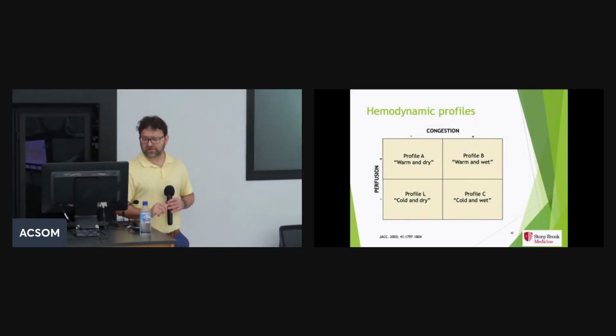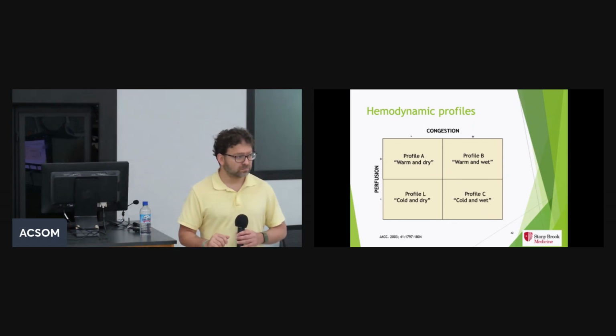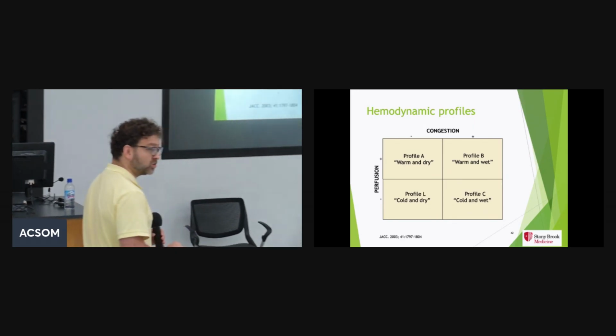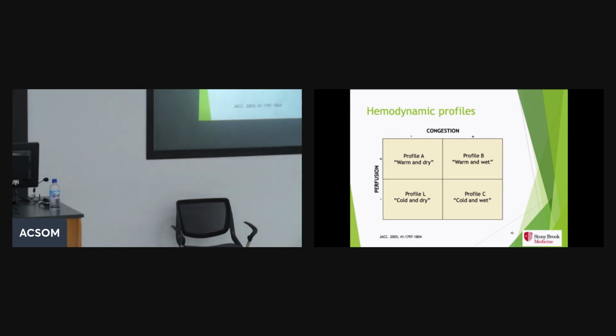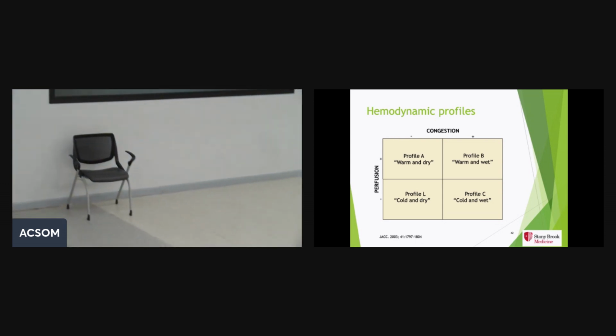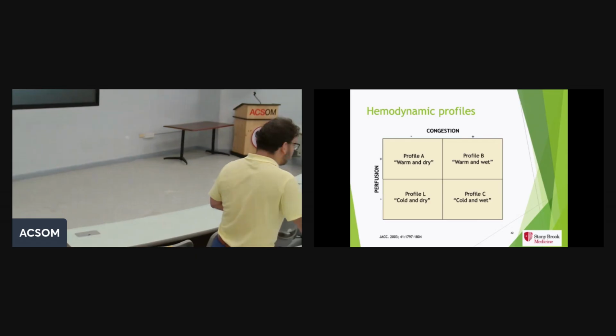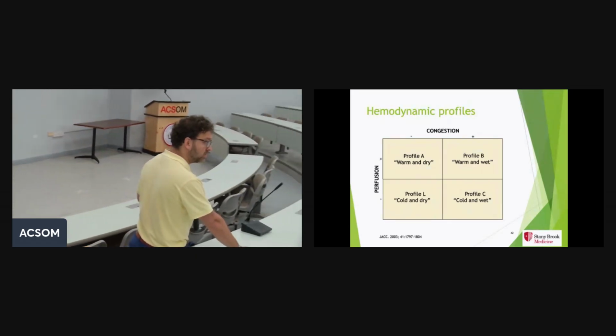Hemodynamic profile of heart failure. Warm and dry. They're very well compensated. They're warm, well perfused, dry, euvolemic. That's the goal. Warm and wet. They're well perfused, but they're volume overloaded.